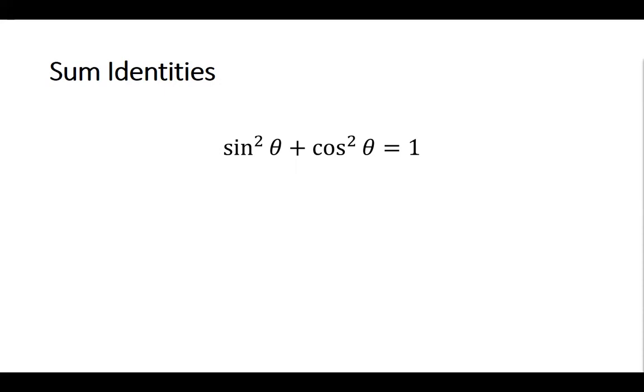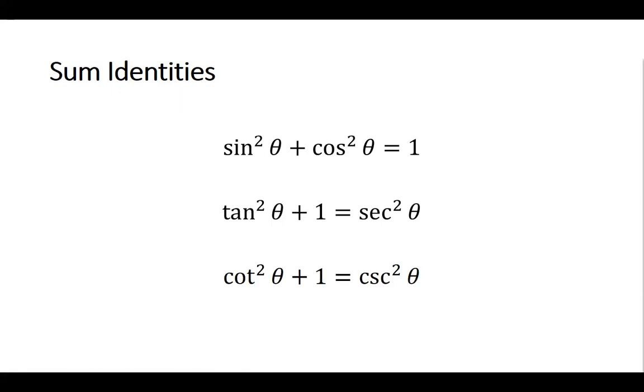So trigonometric identities here. Very common ones. You see that regularly. One that you may not see as often, tangent squared theta plus 1 is equal to secant squared theta. And then another one that you may not see as regularly, cotangent squared theta plus 1 is equal to cosecant squared theta.